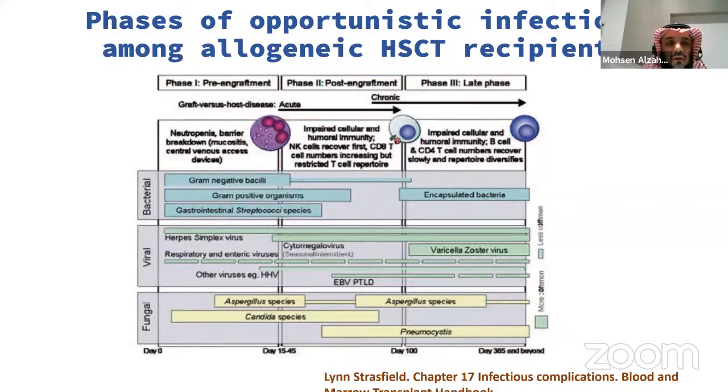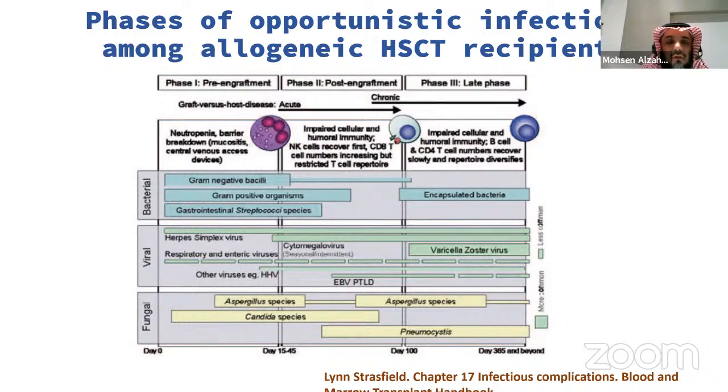The first phase is pre-engraftment, from the day of the transplant until engraftment. The main pathophysiology here is neutropenia, so you expect to see bacterial infections. You may see some other opportunistic infections, but this phase is predominated by bacterial infections.